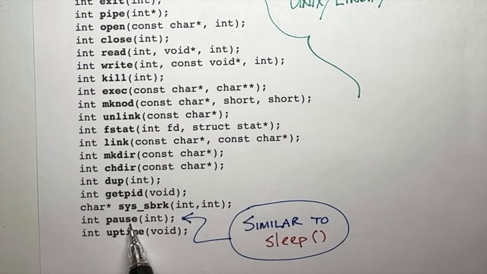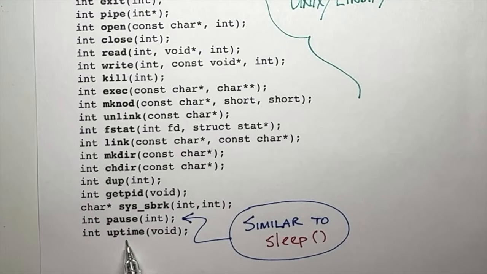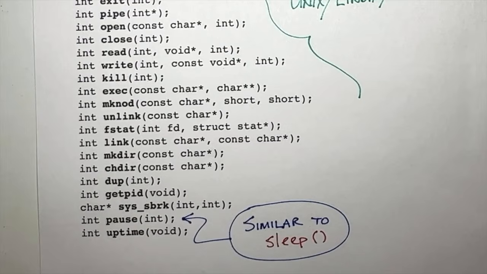In Unix and Linux, this is done with a system call named sleep, but xv6 uses the name pause for this functionality, presumably to avoid confusion with an internal kernel function, which is also named sleep. And with uptime, we can see how long the kernel has been running. Both pause and uptime work in terms of ticks since startup, not seconds or real time.